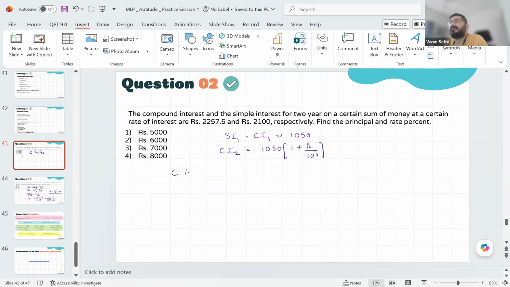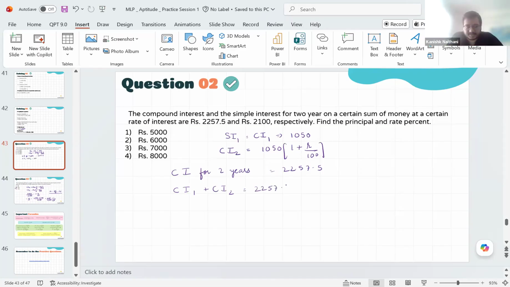Now, we know that compound interest for 2 years is equal to 2257.5, right? For 2 years, it is going to be compound interest for first year and compound interest for second year. Yes or no? Yes, sir. Just write the values here: 1050 plus 1050(1 plus r upon 100) is equal to 2257.5.